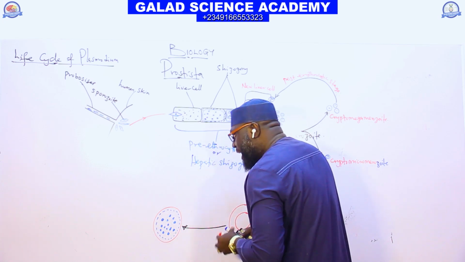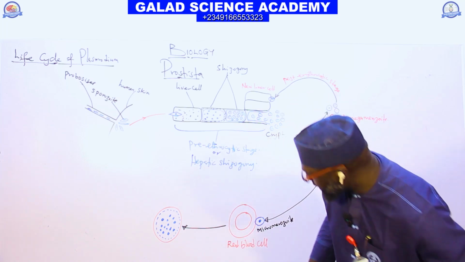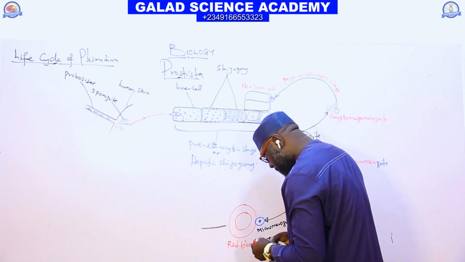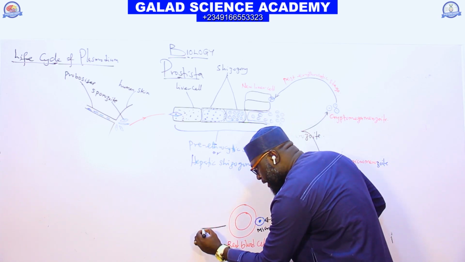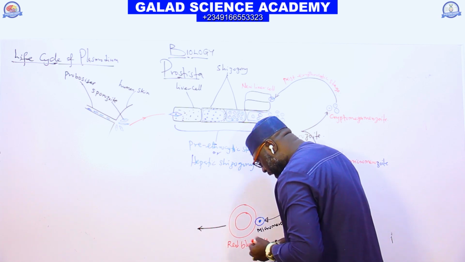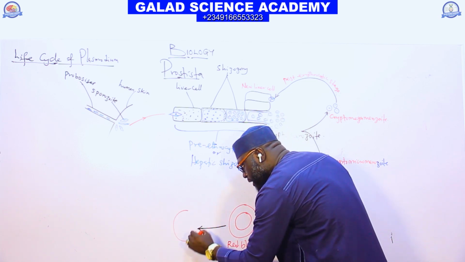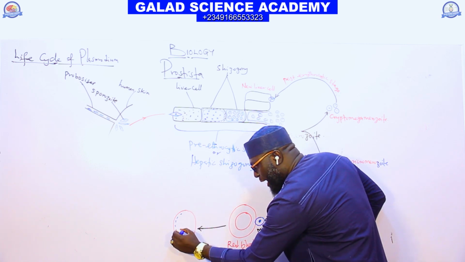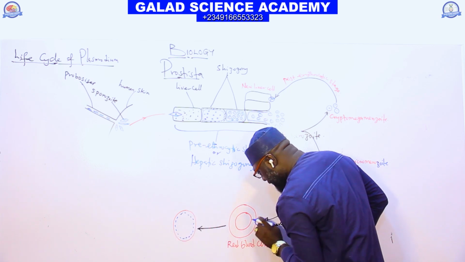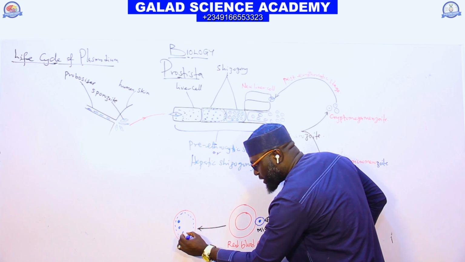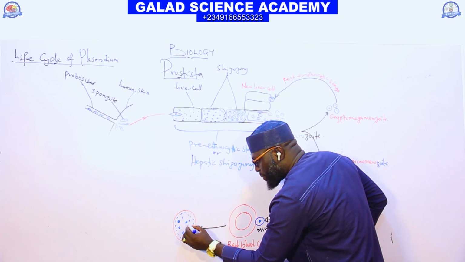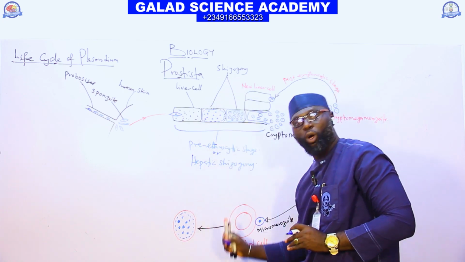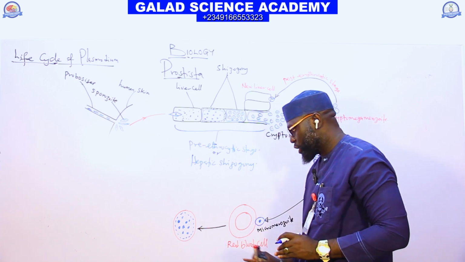And at the next stage now, what will happen here is, no, this thing is big. Let me, sorry. Here we have this. So it will occupy all the space of the red blood cell. Its nucleus will divide, divide, divide, divide. It will undergo asexual reproduction by zygogony, which is multiple binary fission.